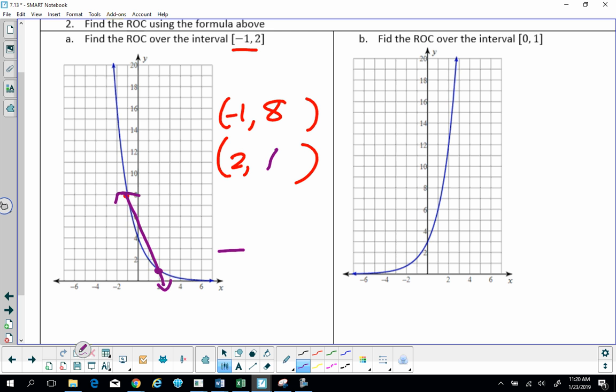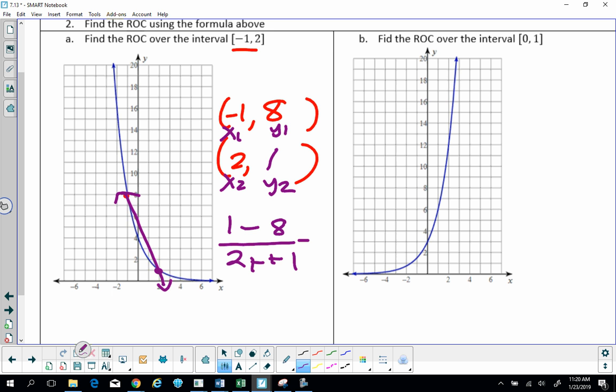So now you're doing the exact same thing. x1, y1, x2, y2, and we plug it in. When you do that, we do 1 minus 8 over 2 minus -1. What do 2 minus signs make? A positive, a plus.